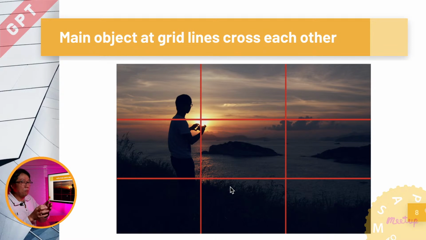Sometimes it might not be an actual object, like maybe Hong Kong Victoria Harbour or some seaside. You want to put the horizon line around the lower third, like here, and above it the sky. With that, you automatically sense that it's a very bright sky, and the sea is around here.